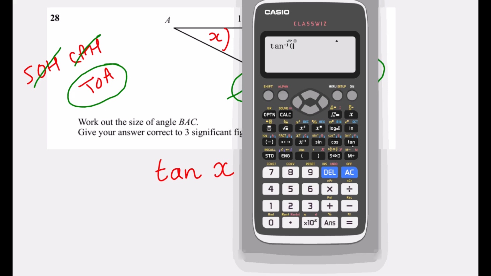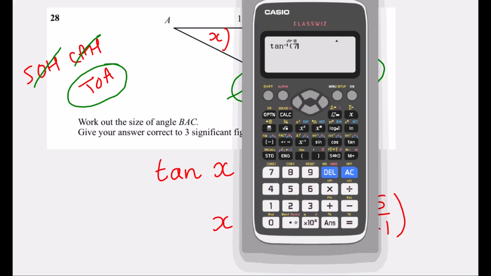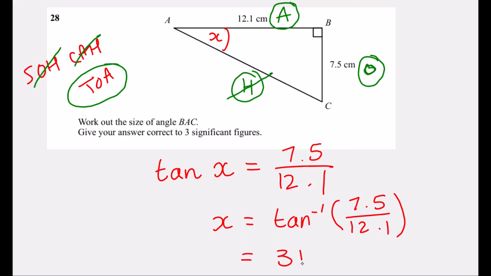So shift tan, it brings up this tan minus 1. So x is tan minus 1, 7.5 over 12.1. Press equals, and that is our answer, 31.8. So it's 31.8 degrees.